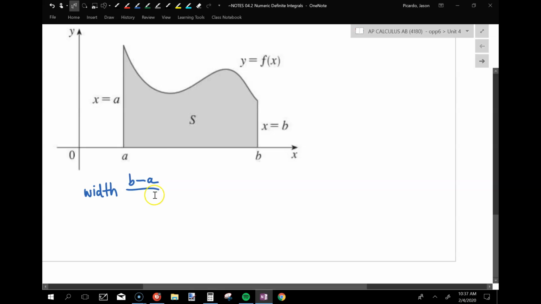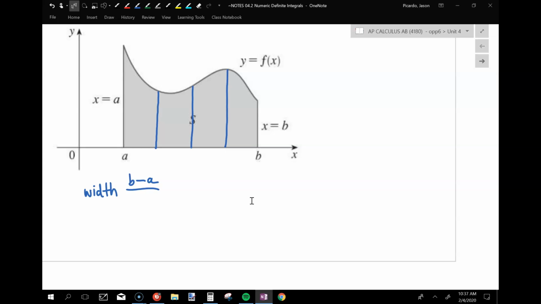Now, I'm writing this as a fraction because what am I going to do to this width? Well, I'm going to create some rectangles underneath it, aren't I? Well, let's suppose that I wanted to create 4 rectangles. How wide is each of them? B minus a divided by 4.